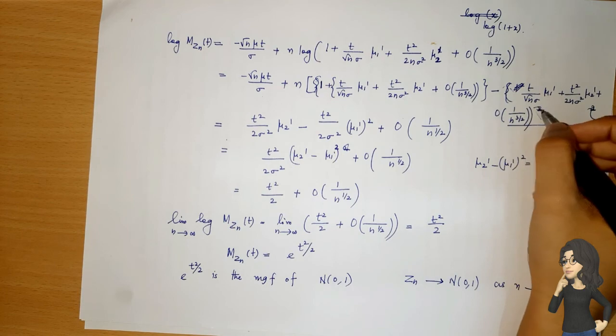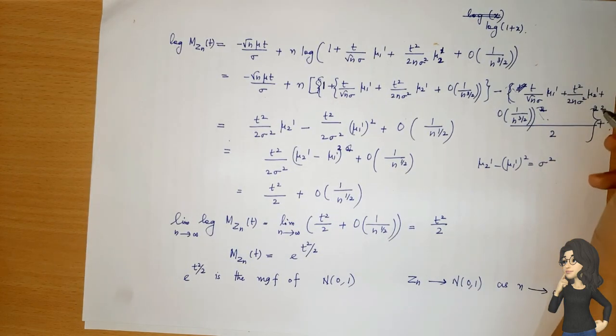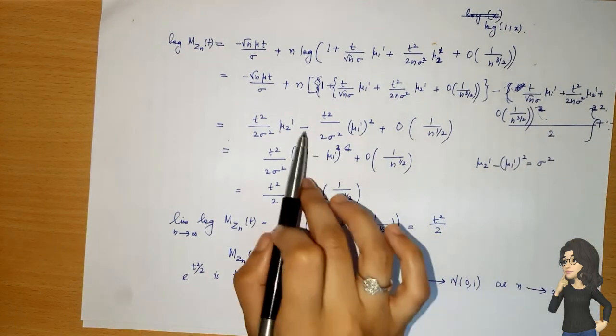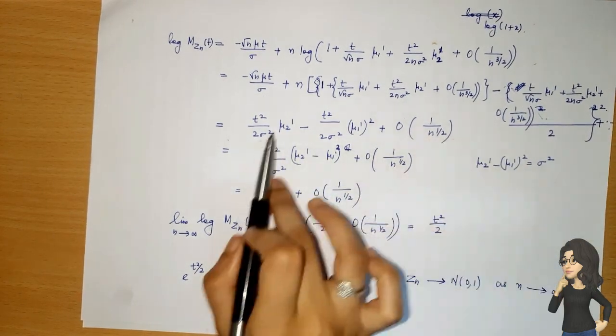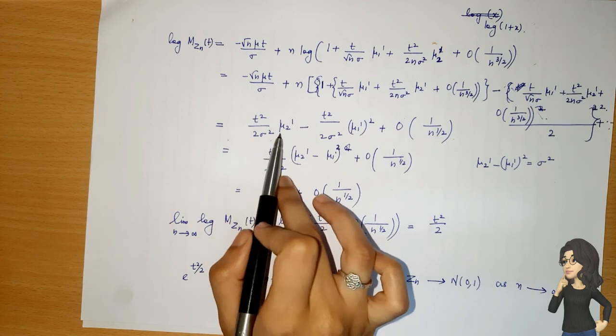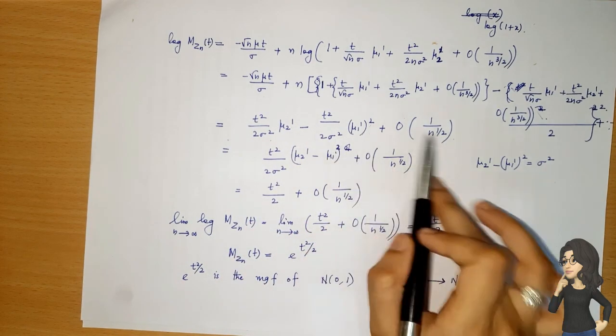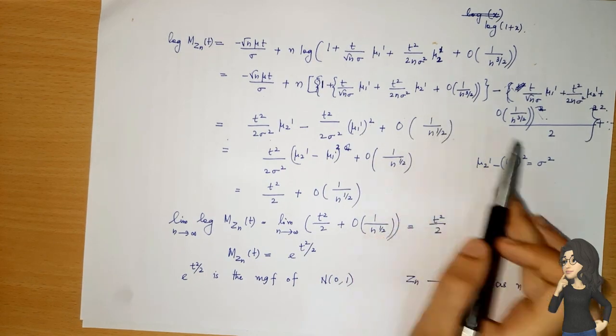So if we open this square bracket, other terms get cancelled, and what will be left is t square by 2 sigma square mu 2 dash minus t square by 2 sigma square mu 1 dash the whole square plus this order term.